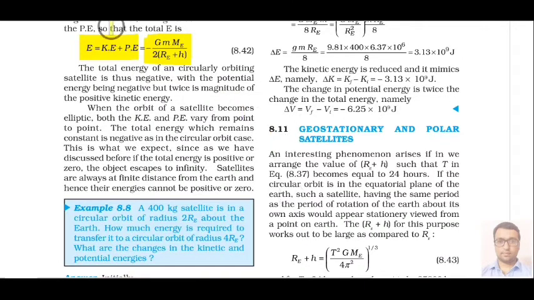After that we have one term that is called geostationary satellite. As this name indicates, geo means we are talking about Earth, and stationary means at rest. With respect to Earth, if anything is at rest, then that satellite is called a geostationary satellite. Basically, Earth rotates about its own axis in a time period of 24 hours.